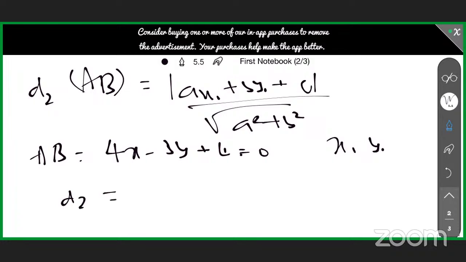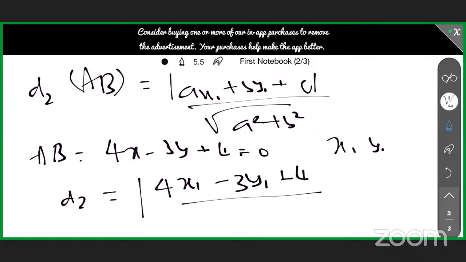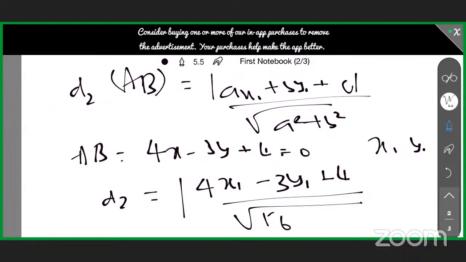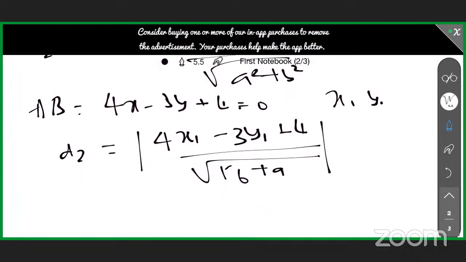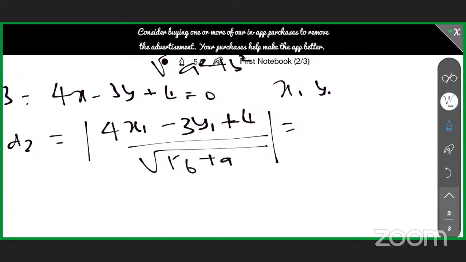Therefore, D2 becomes mod of (4x1 minus 3y1 plus 4) divided by root of 16 plus 9, that is 5.